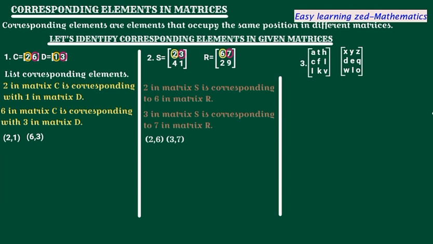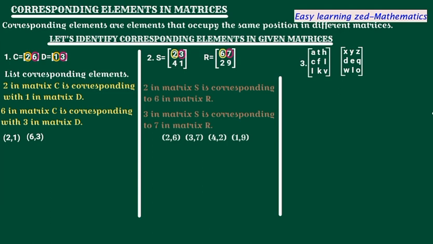Then 4 is corresponding to 2, we can say 4, 2, and 1 is corresponding to 9. Okay, so those are the corresponding elements, the corresponding sets of elements of these two matrices.